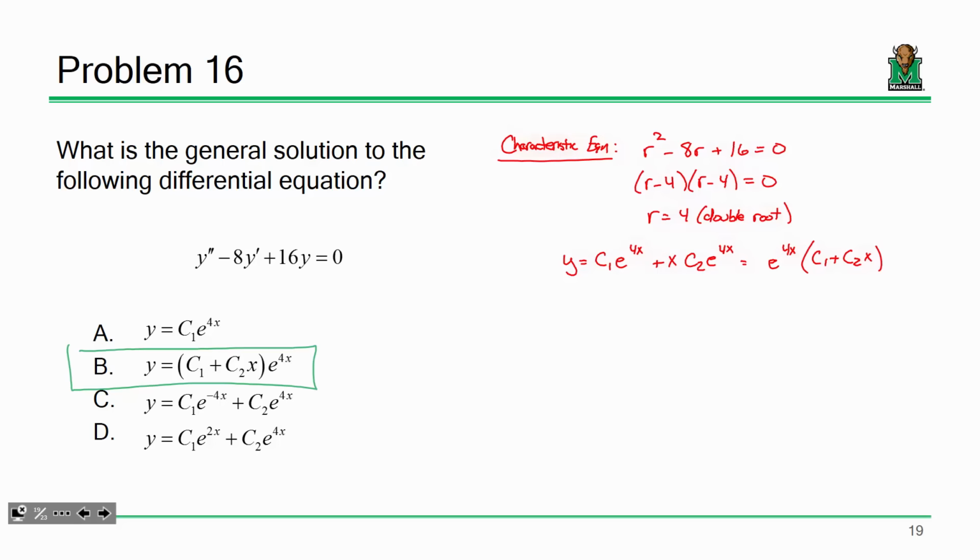What's A in this equation? Literally, just what does this say A is? Negative 8. What does B equal? Now, using these, what is A squared?